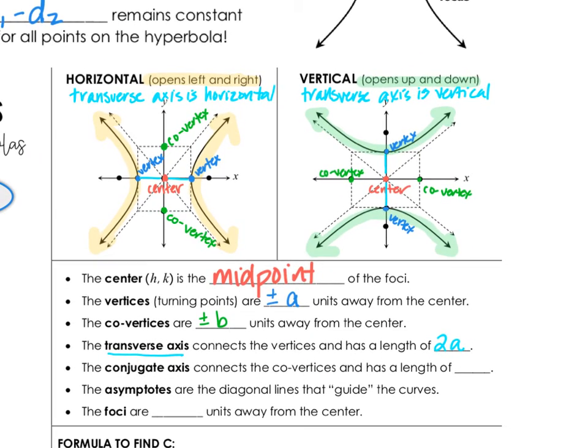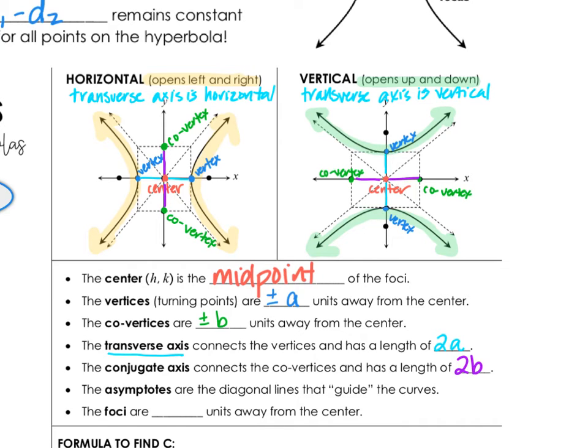Now the next term is the conjugate axis. The conjugate axis connects the two co-vertices, so that's going to go here and here. And it has a length of 2b because it's 2 times the distance from the center to the co-vertex.